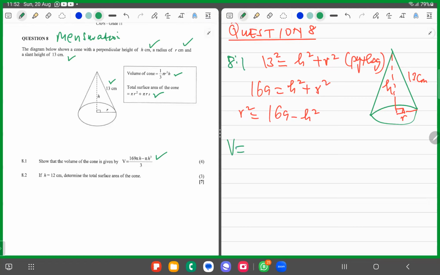Okay, so we continue with this. The volume is the same as 1/3 the base area times the height. The base area times the height.